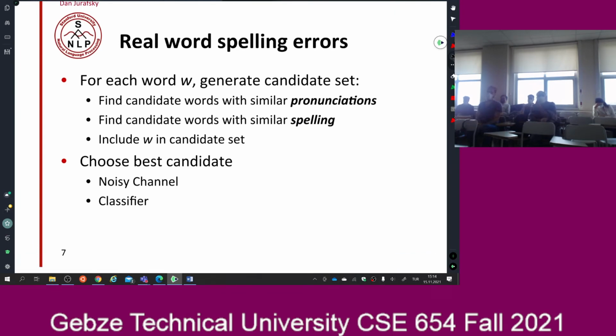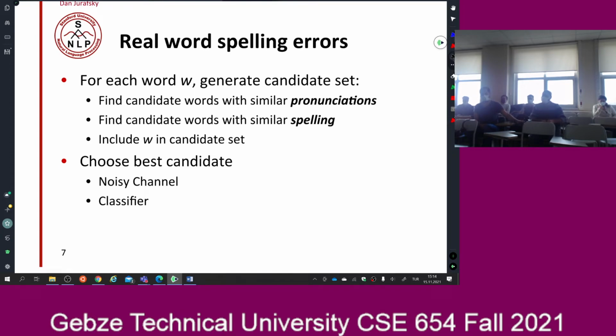Okay, while you are producing those candidates, include words with similar pronunciations. For English it is even more important. In Turkish, our usual edit distances, the list of smaller edit distances, is your candidates.